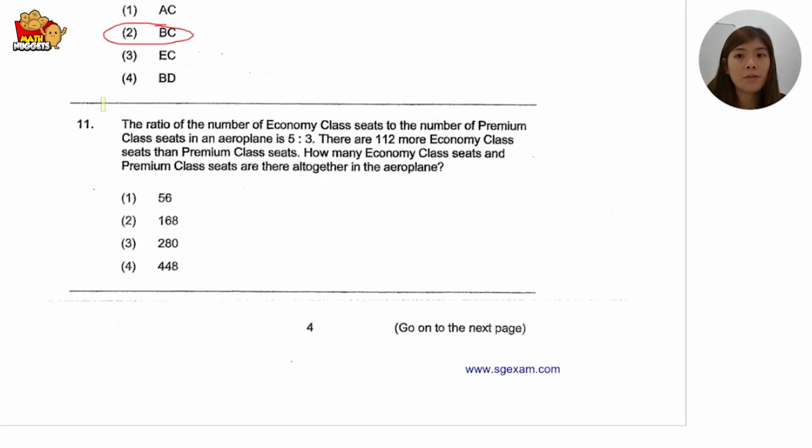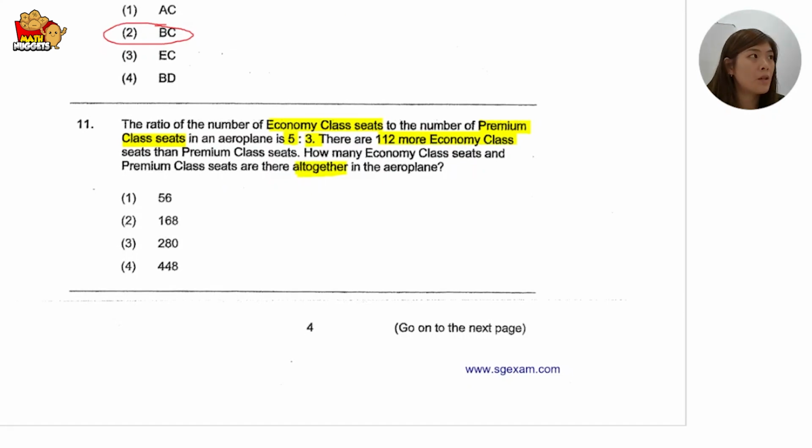Let's move on to question 11. The ratio of the number of economy class seats to the number of premium class seats in an aeroplane is 5:3. So economy class is 5, then premium class seats would be 3. There are 112 more economy class seats than premium class seats. How many economy class seats and premium class seats are there all together in the aeroplane?